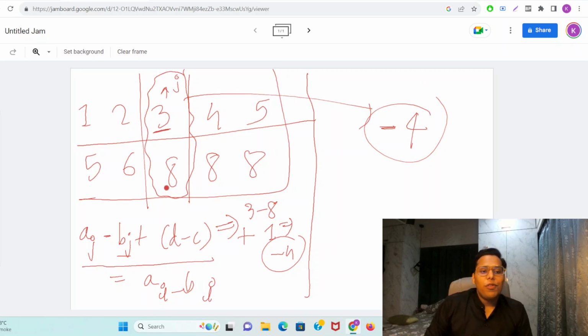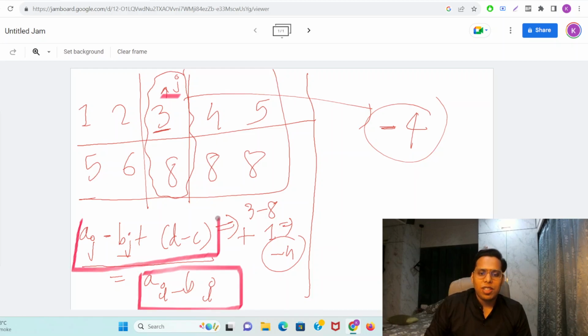So now, which I can bond with this J? Only that I can bond with this J which is having AI minus BI as minus 4. Left hand side is minus 4, so right hand side should also be minus 4, and that is the sole reason why I separated the I's and the J's.